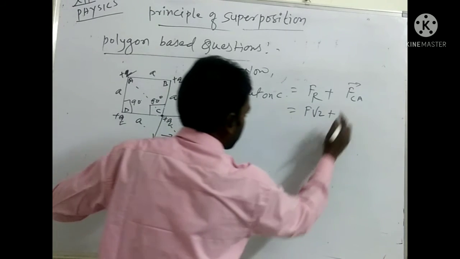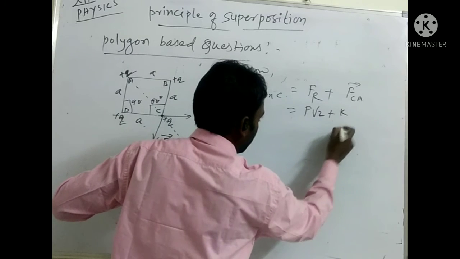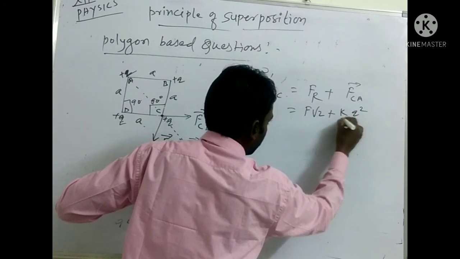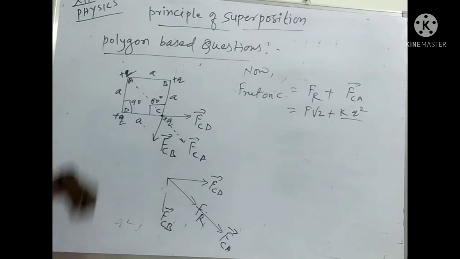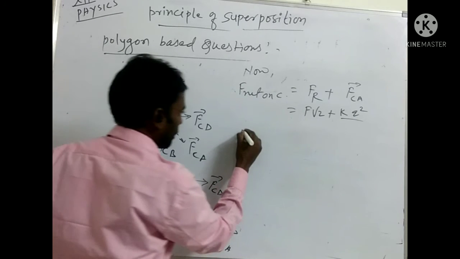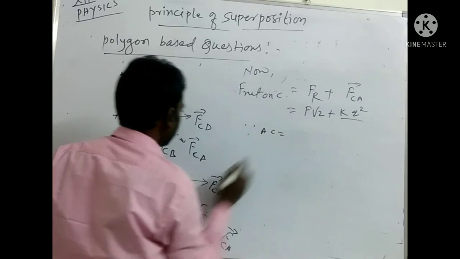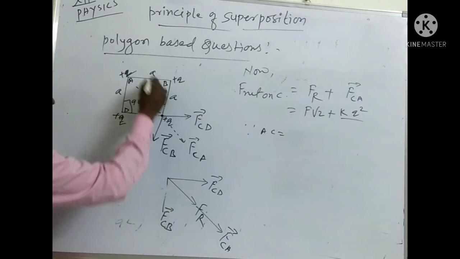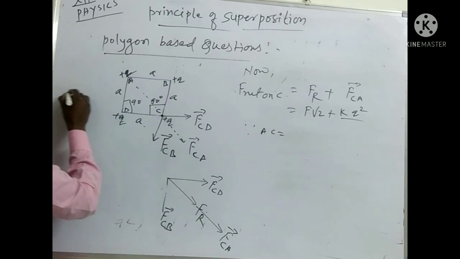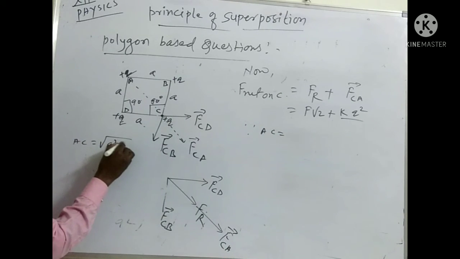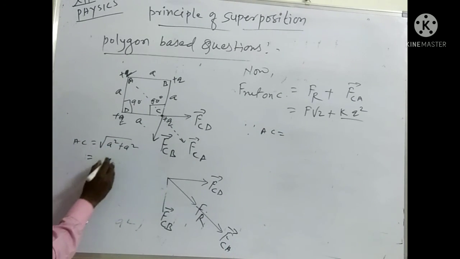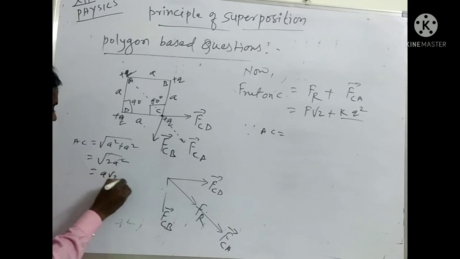Then it is kQ square divided by the distance. Here we have to take this distance AC. Since it is a square, AC equals root over a square plus a square, that is root over 2a square, which is a root 2.